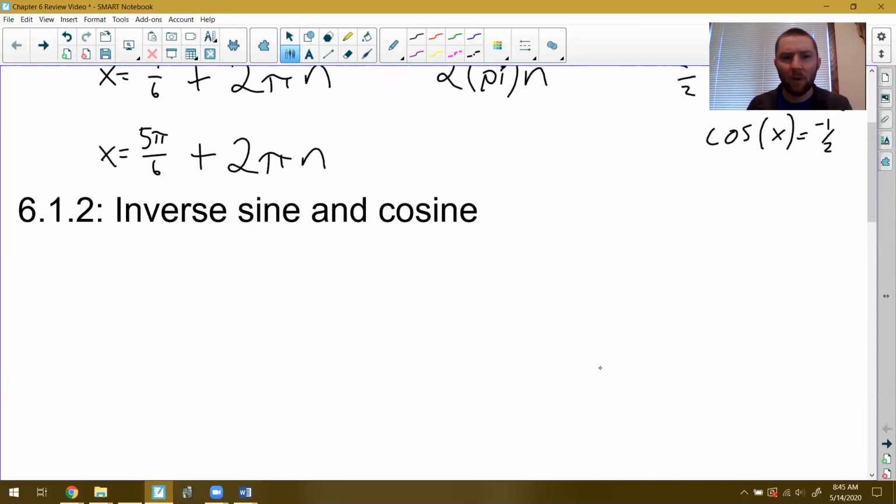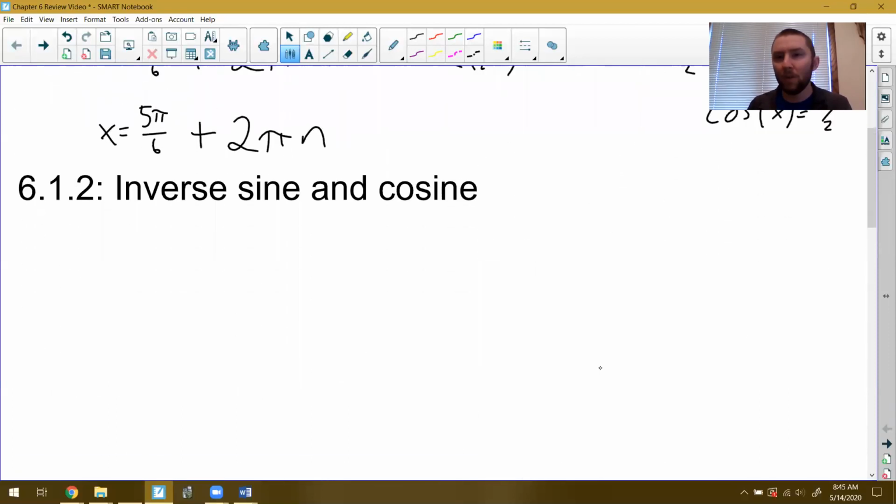In the second section, we talked about solving these equations without needing the unit circle, or specifically, equations that we can't solve with the unit circle. Something like 3 times the sine of x minus 4 is equal to negative 2.